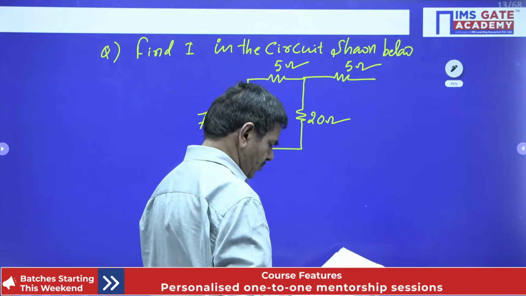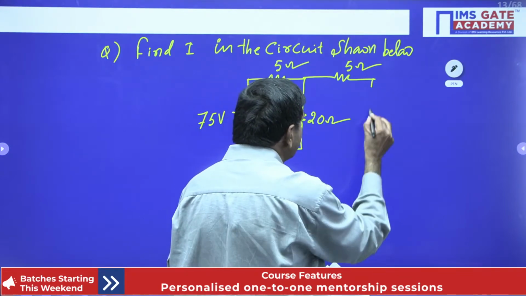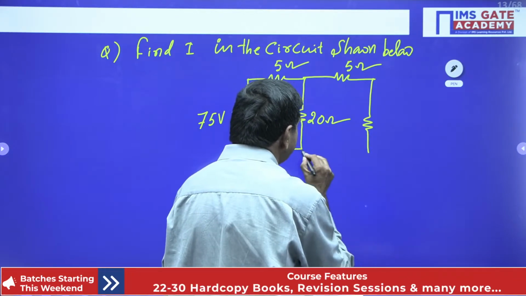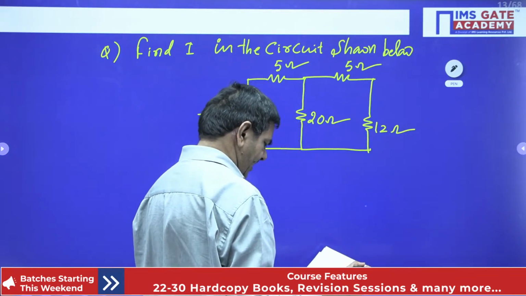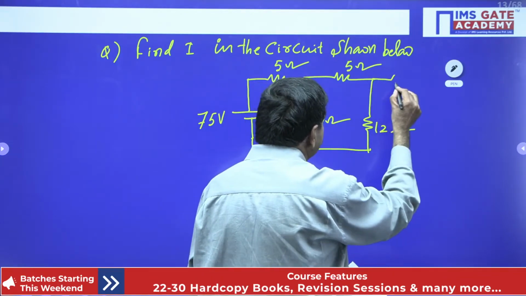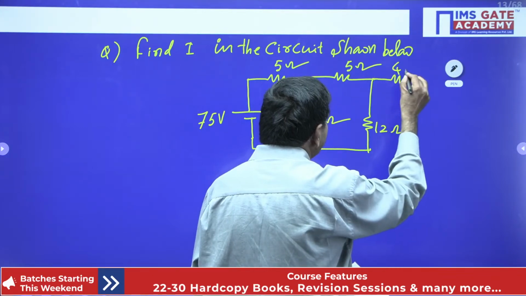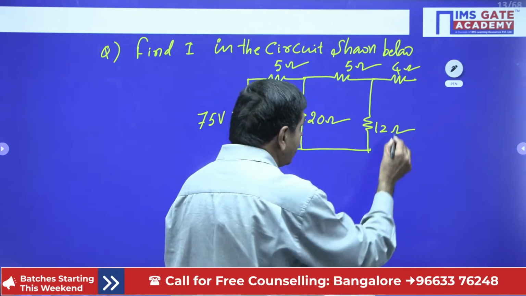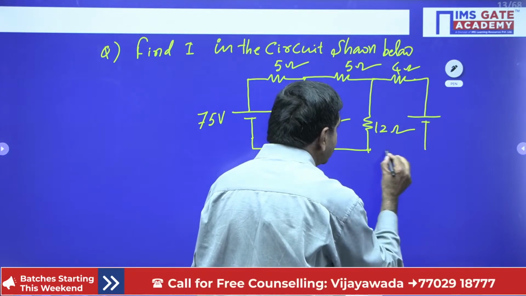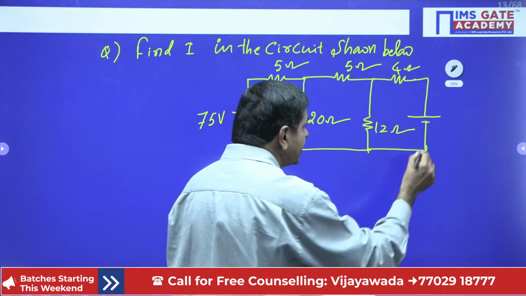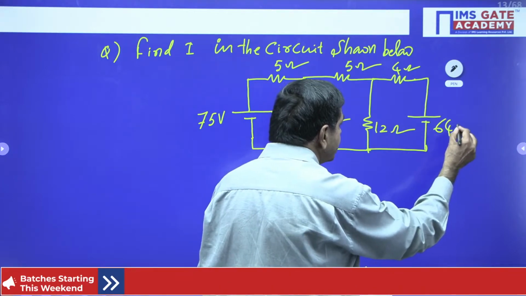This is a 12 ohm resistance connected this side, and also connected with one 4 ohm resistance. And one more source, or one more battery, is connected this side. Its value is 64 volts.